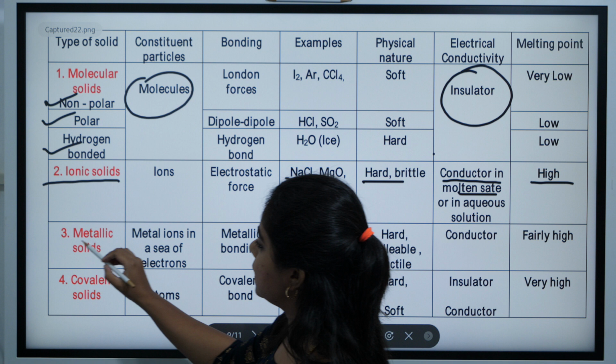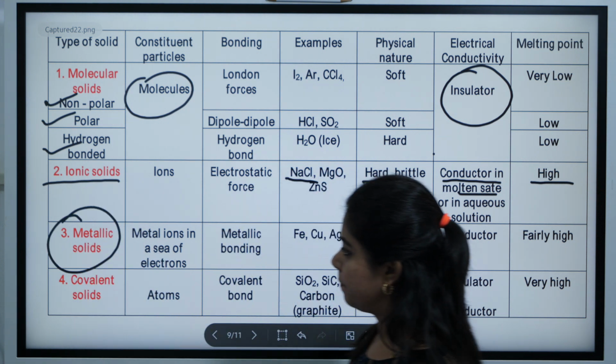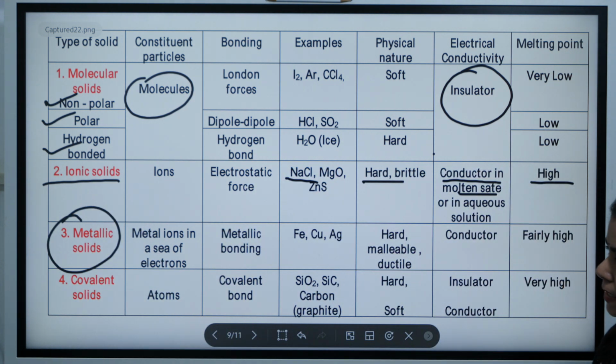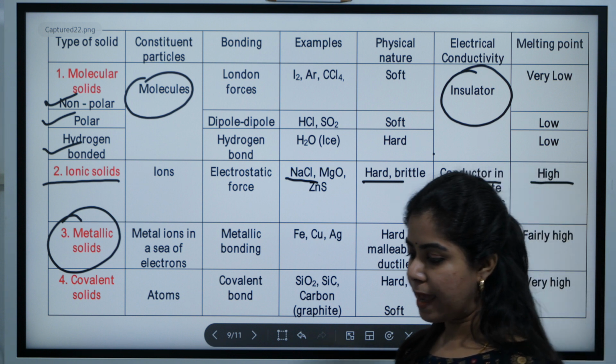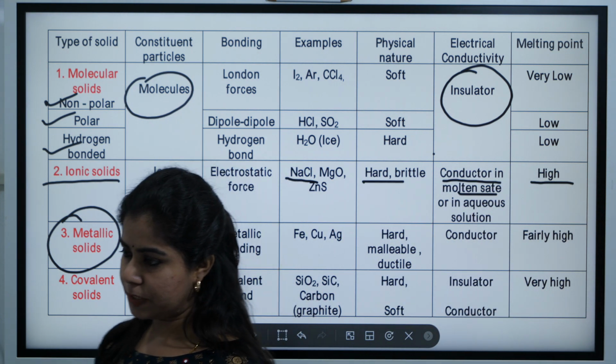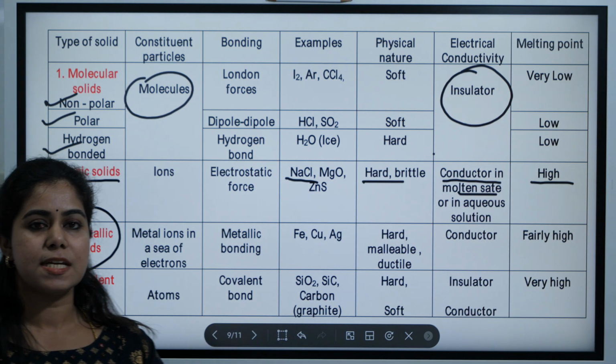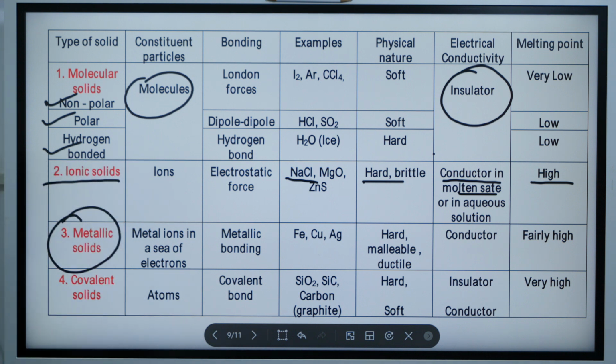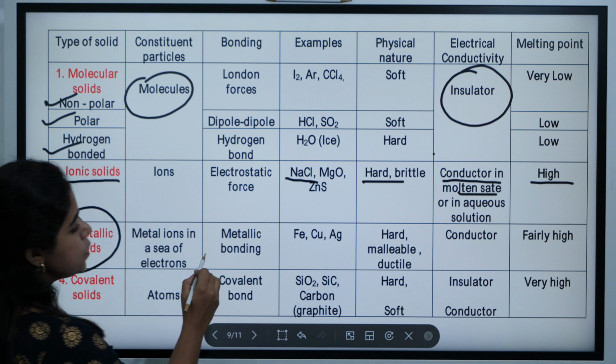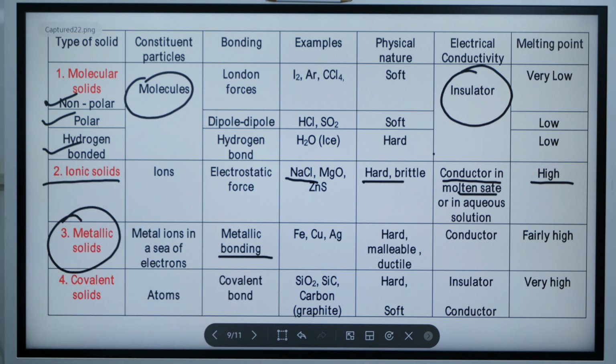The third type is metallic solid. In the case of metallic solids, there will be metal ions dispersed in a sea of electrons. So there will be positive metal ions as well as free electrons. They are held together by metallic bonding.